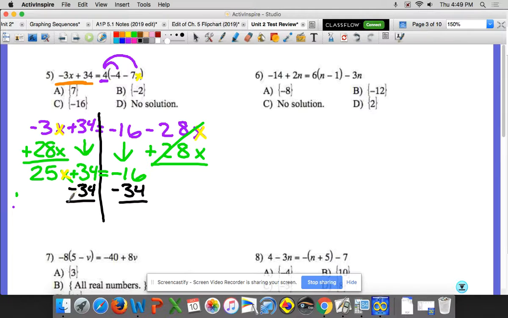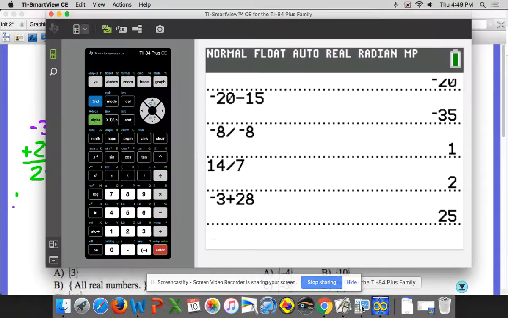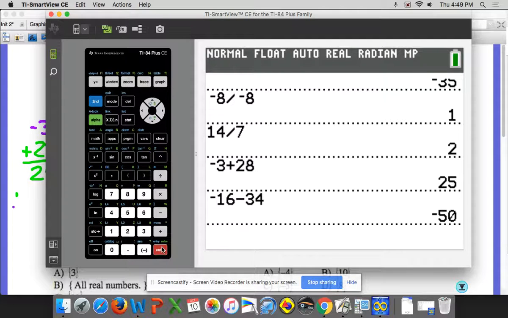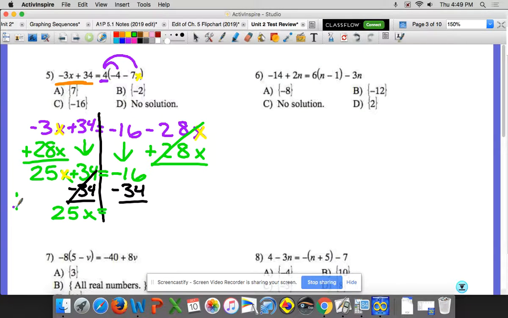And then we have opposites, so those are canceled out. So now we have 25x is going to come down. And then we got to do the math to the right. So we have -16 minus 34, and we get -50. So 25x equals -50.